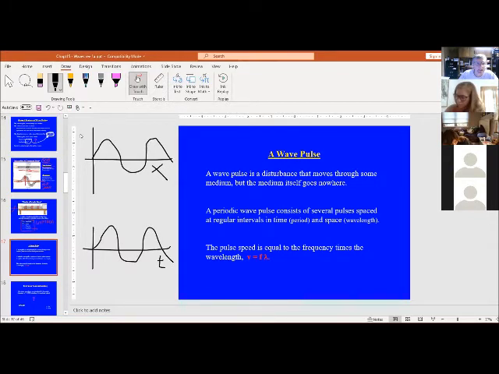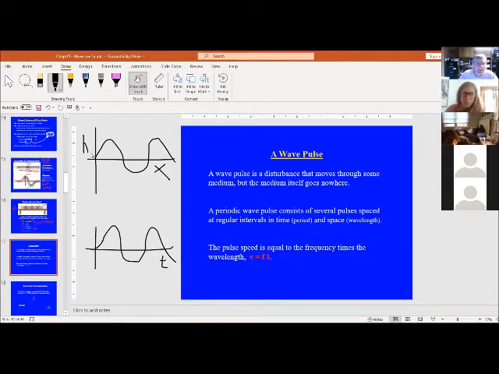For instance, if this is height, the height changes. Think of a water wave, and you're standing on the beach, looking out. At one instant in time, you took a snapshot, a picture of the water waves.